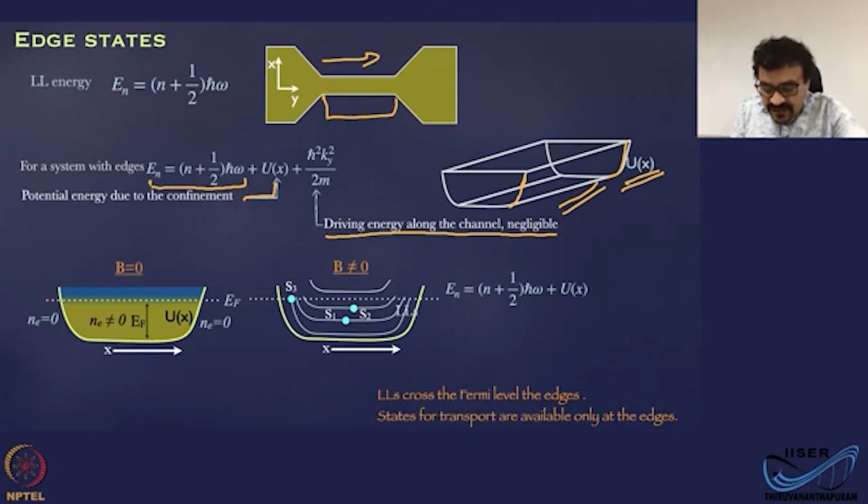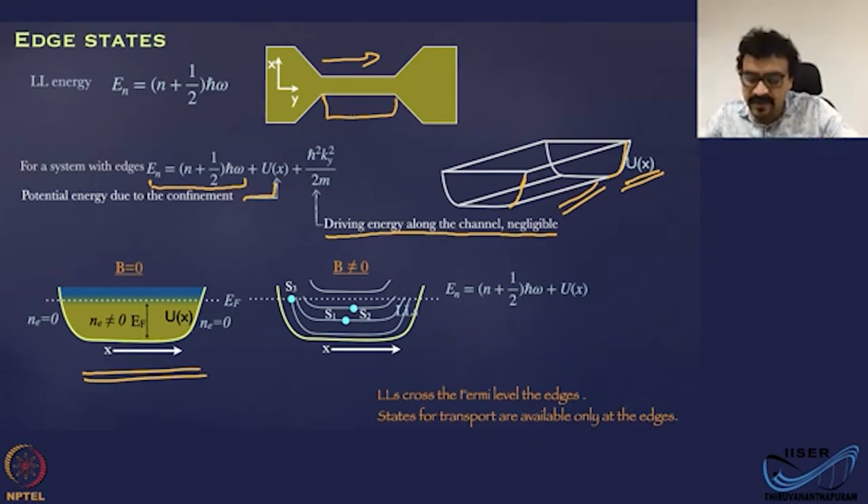So in this case, when b is equal to 0, this is the kind of bucket-shaped potential felt by the electron when it moves from one direction to the other in the x direction. So you have high potential energy here, then flat, and again high here.